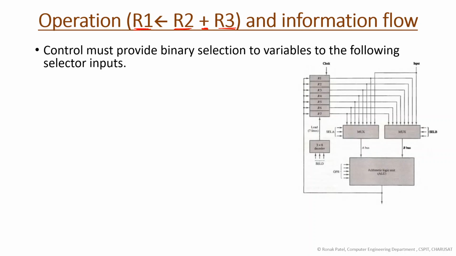Control must provide binary selection variables to the following selector inputs. Whenever you want to perform this operation, each control must be decided, and that is provided by your control unit.